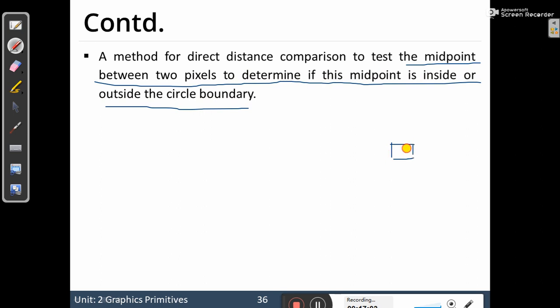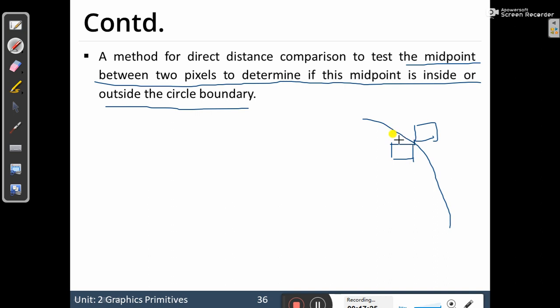You need to choose between two candidate pixels like this. You need to choose the one that follows the curve going this way around the circle. Now which one? Suppose this is the midpoint.